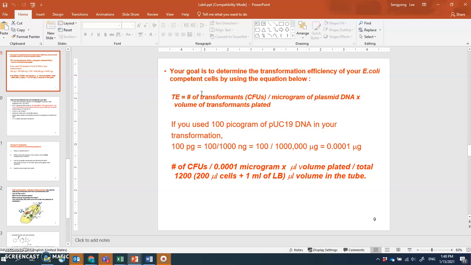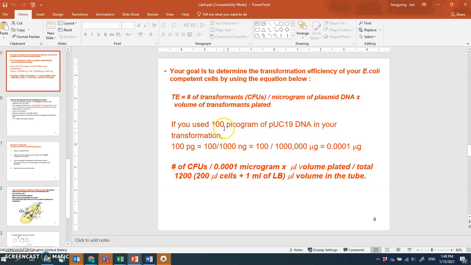Okay, that number will be divided by the microgram of plasmid DNA you added to the cells, times the volume of the transformants plated. Okay, for example, if you used about 100 picogram of pUC19 DNA in your transformation, if you change that to microgram, that's 100 over 1000 nanograms.